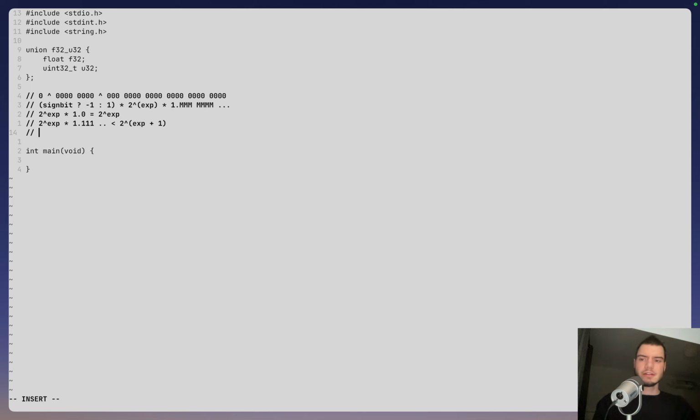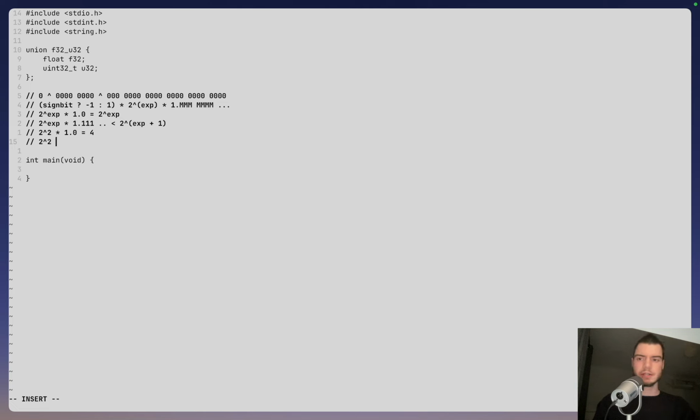Now, how does this work? Let's try to insert a couple of actual values. For example, let's say our exponent is the value 2 and our mantissa bits are all 0. Then we just get the value 4, 2 to the power of 2.